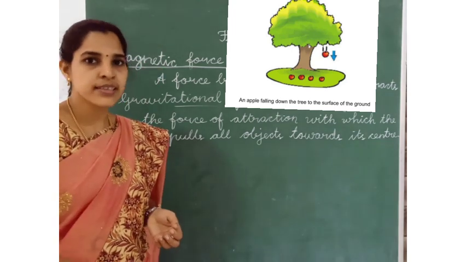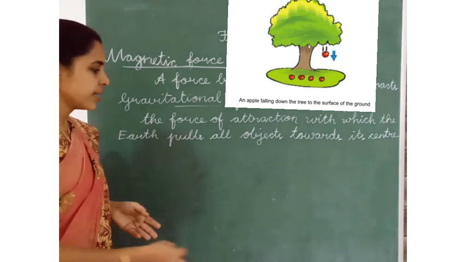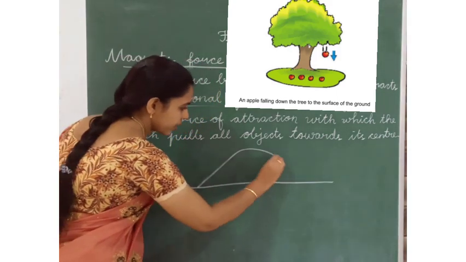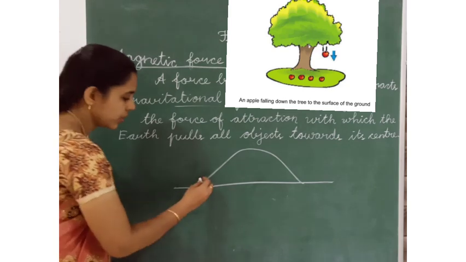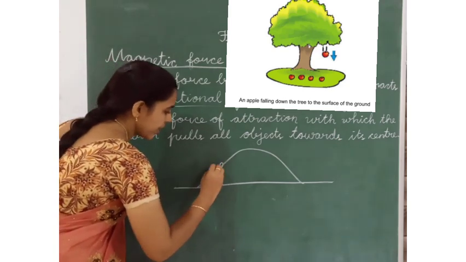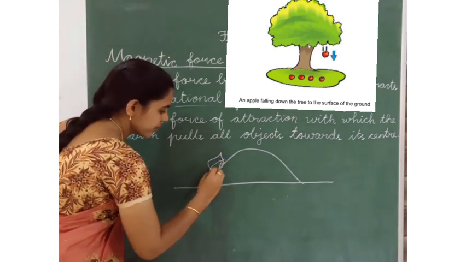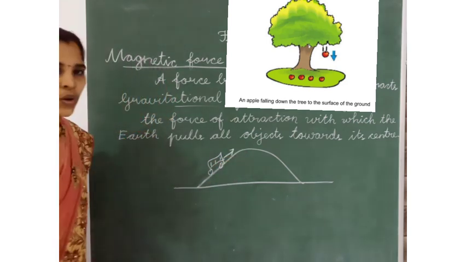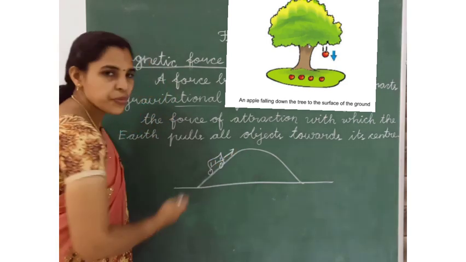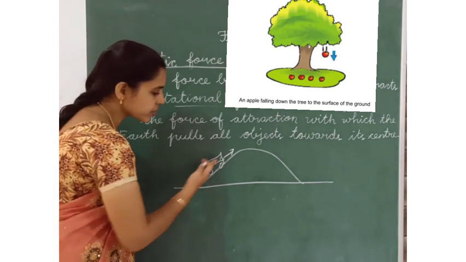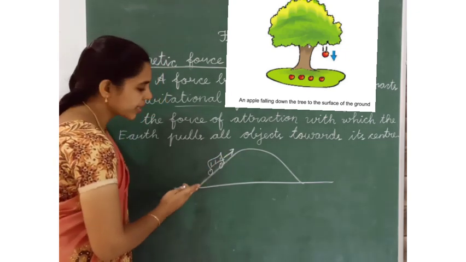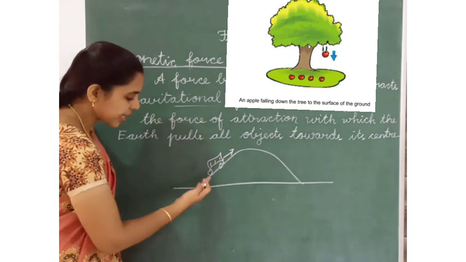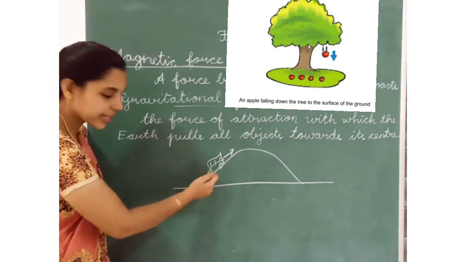Pulling the objects down. Listen here. This is the hill. One vehicle is moving uphill. When the vehicle is moving uphill, it is difficult to move up because the earth is attracting the vehicle down.